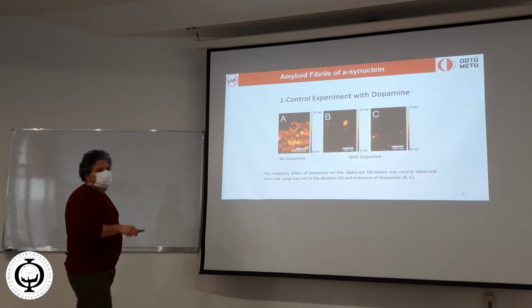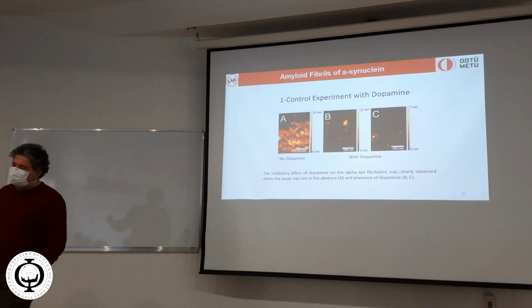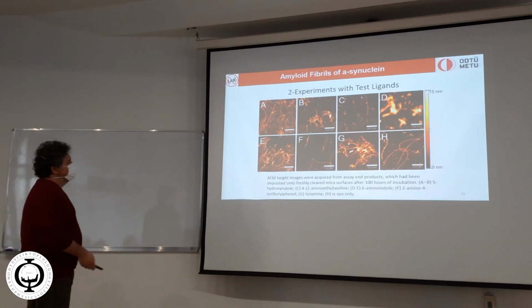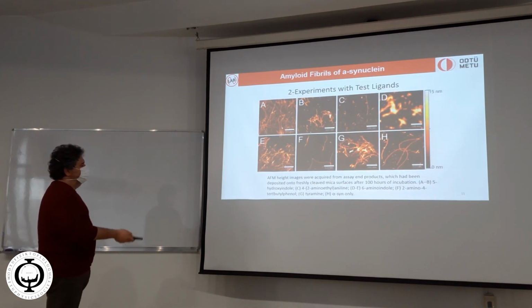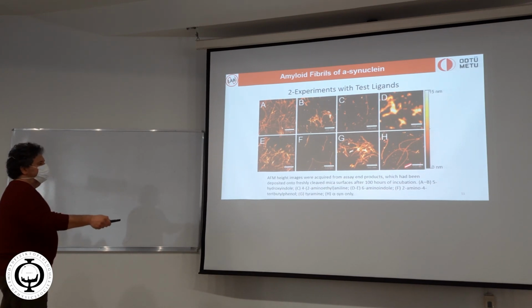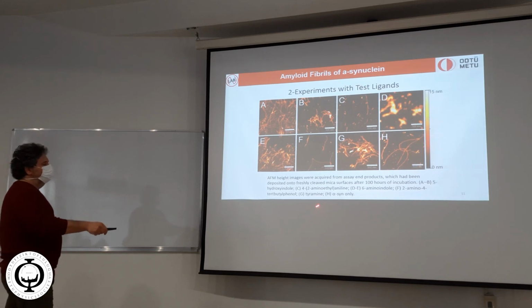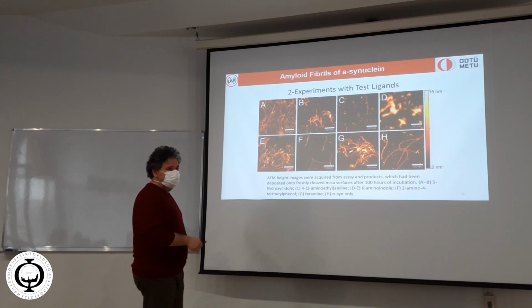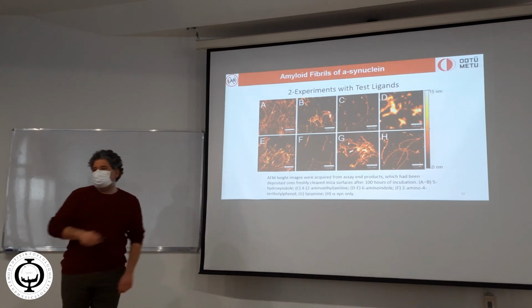The fibrils don't form. Now, this is the control experiment. This is the experiment with different candidate molecules. So this one has no drug molecule, only alpha-synuclein. You see long chains of fibrils. Definitely something is wrong with it.